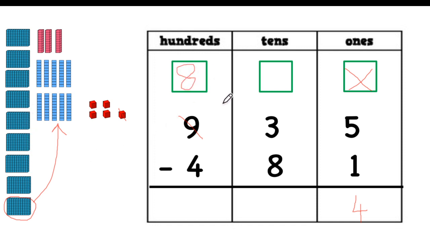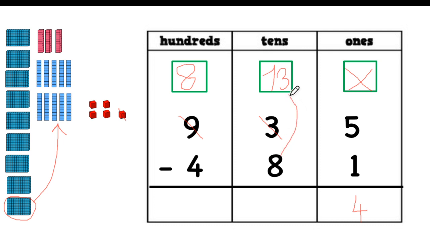I will write 8 in the box. Now, they gave me one block of 100, which is 10 tens. Now I have 10 tens plus 3 tens. It will be 13 tens. So 3 will go away. Now 13 is a big number, strong enough.